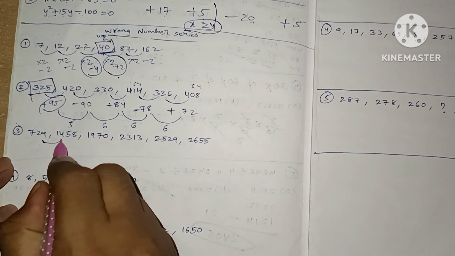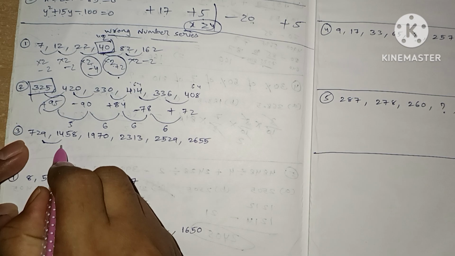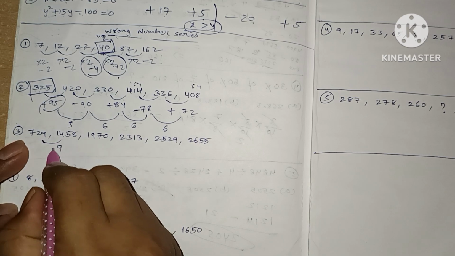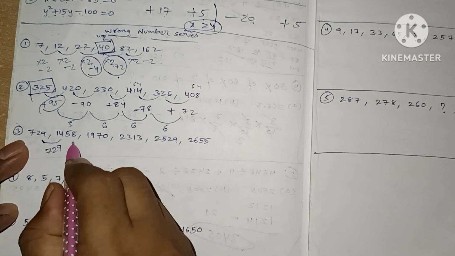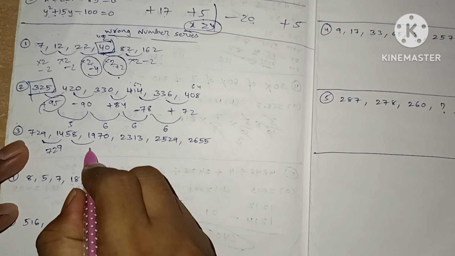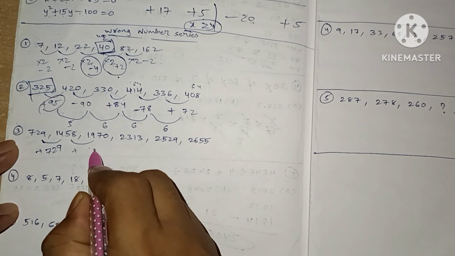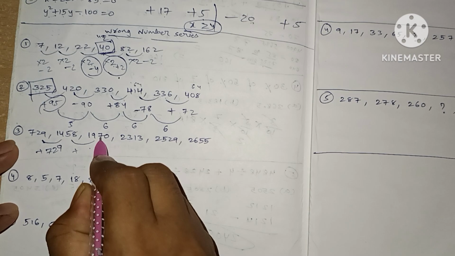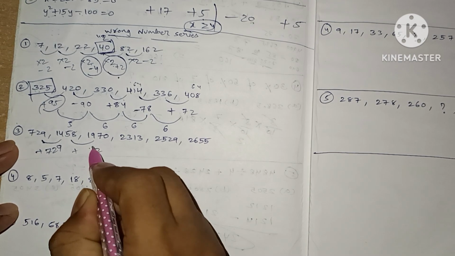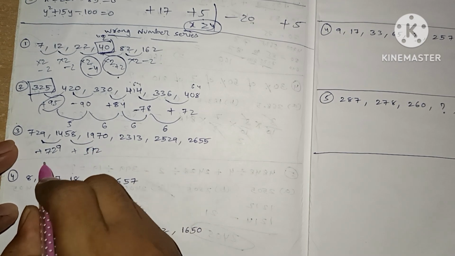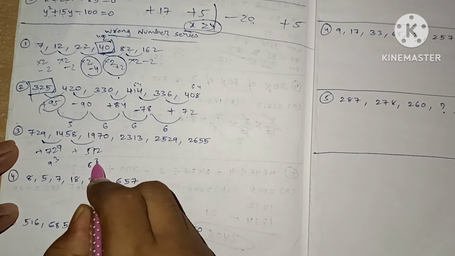Here we see the difference of 9, this will be 2 and 7, 729. Here we see a difference of plus 2, this will be 1 and 5, so it is 9 cube, this is 8 cube.